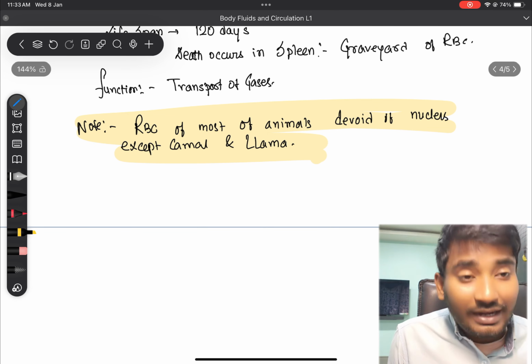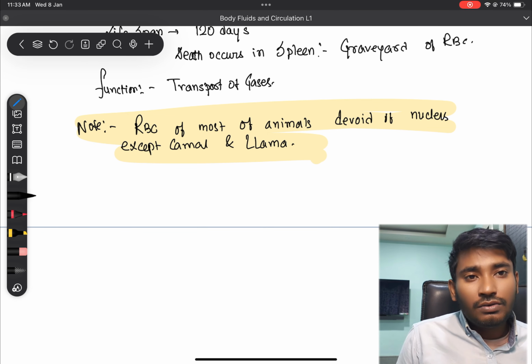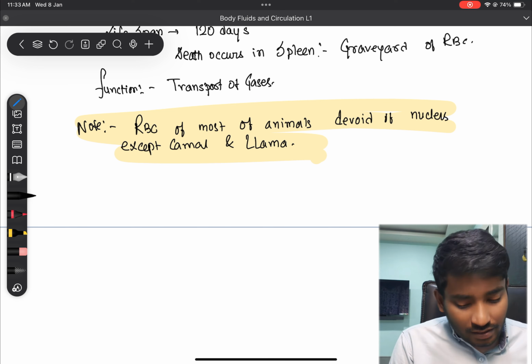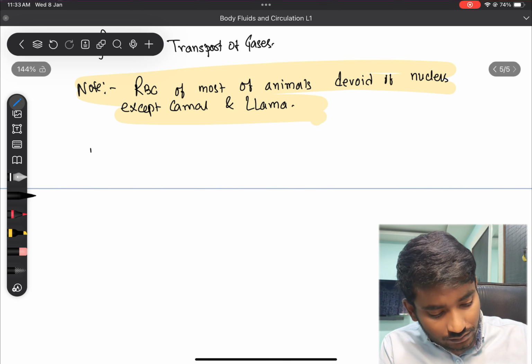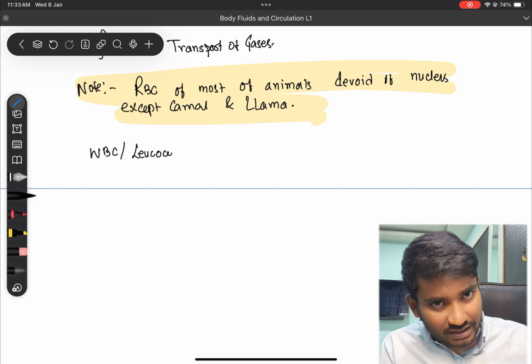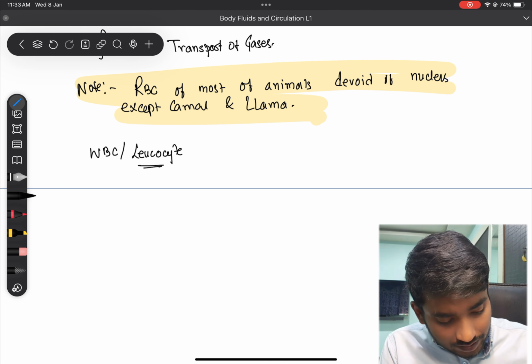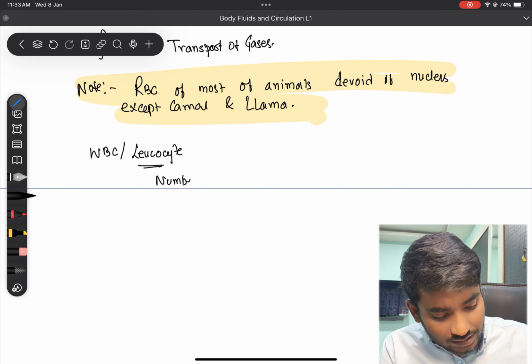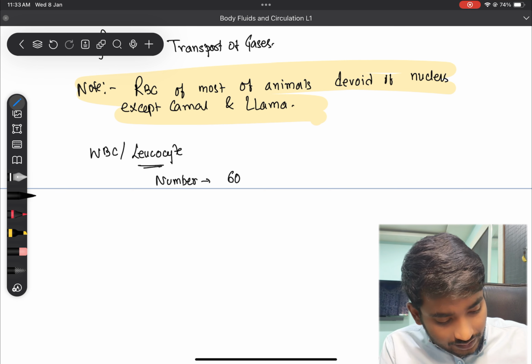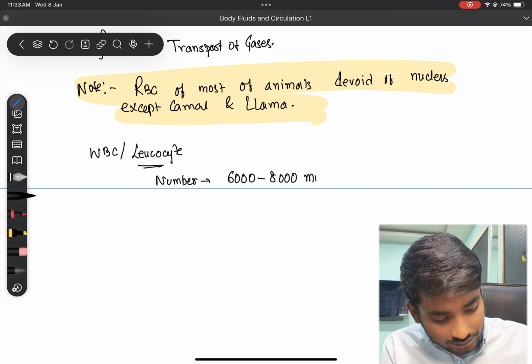Now, in lecture number 2, we will study WBC, the leukocytes, number 6000 to 8000 per millimeter cube of blood.